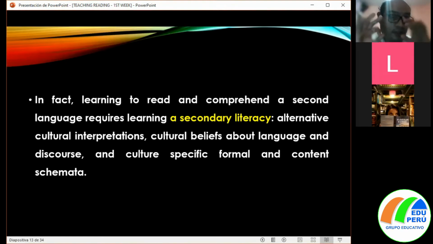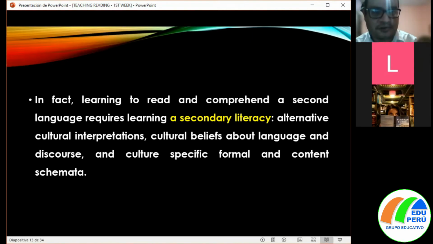Notice that we have three types of schemata: formal, content, and what is the third one? Can you remember? Remember that we talked about three kinds of schemata: formal, content, and what is the third one?